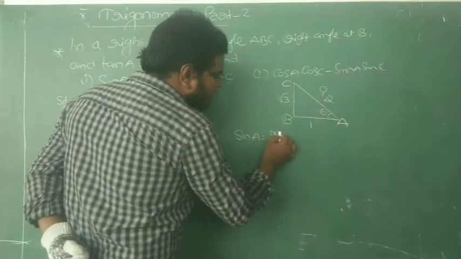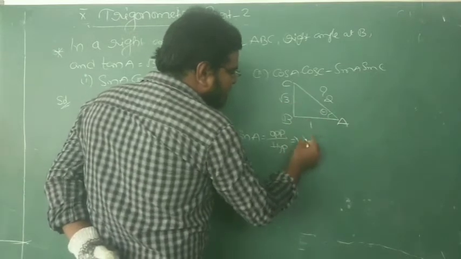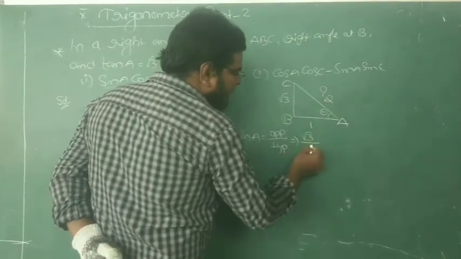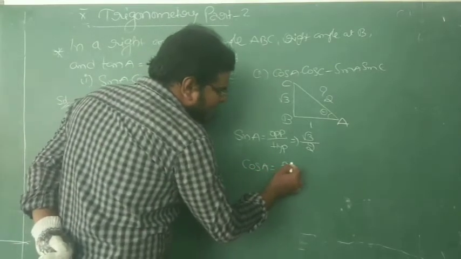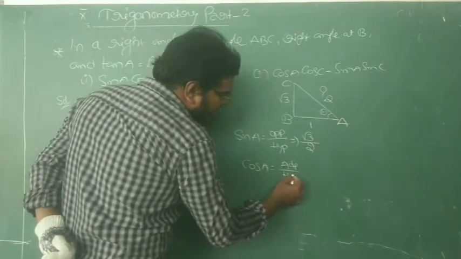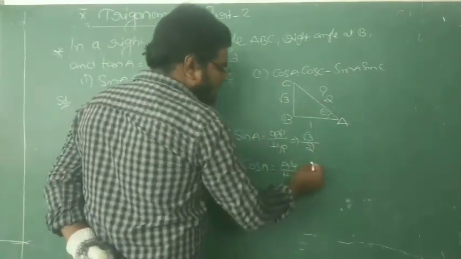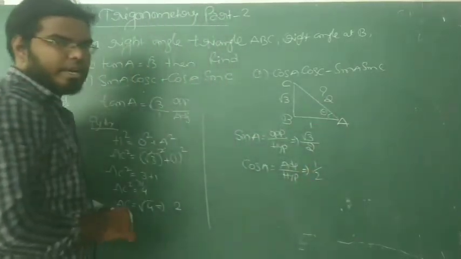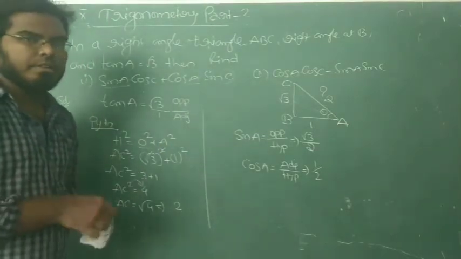Sin A is equal to opposite side by hypotenuse. This one is the opposite side, this one is the hypotenuse. Okay. Now the cos A, adjacent side by hypotenuse. Adjacent side by hypotenuse. Right. Now first note it. I'll show.